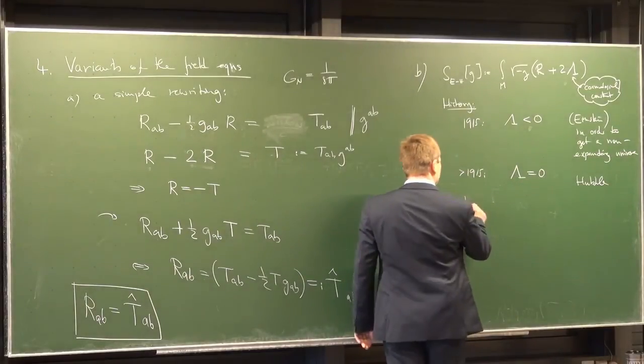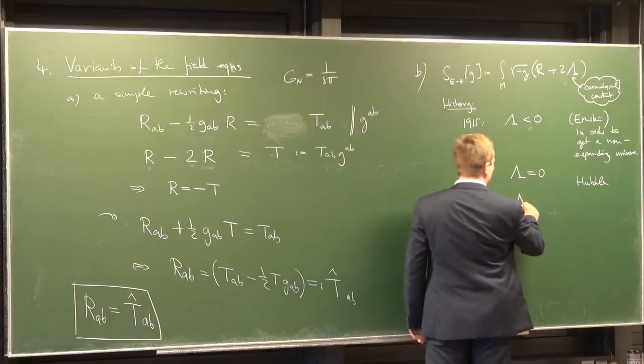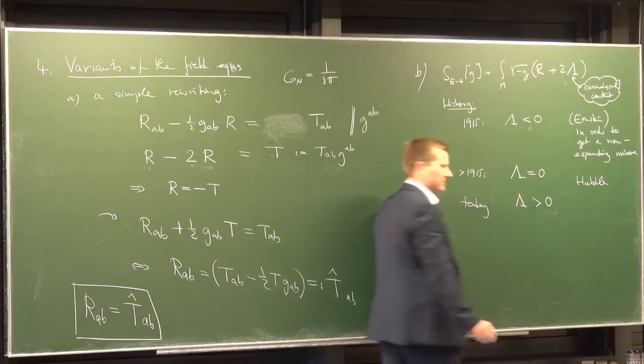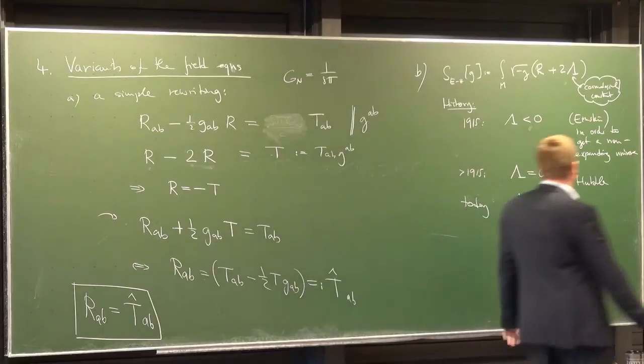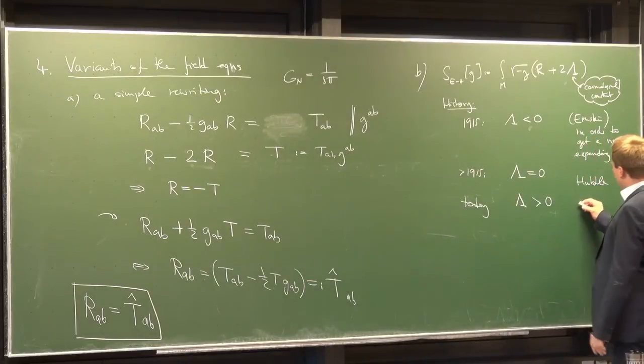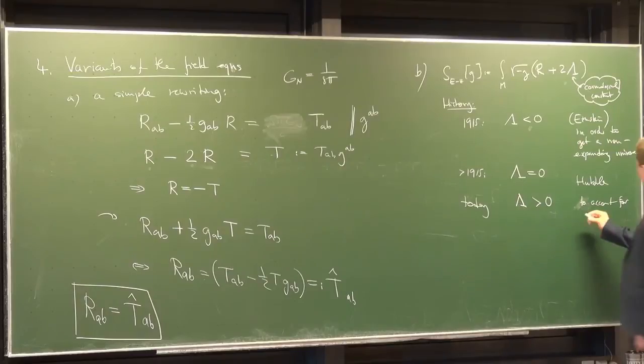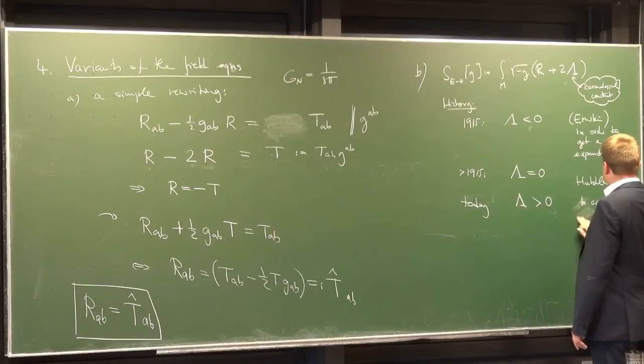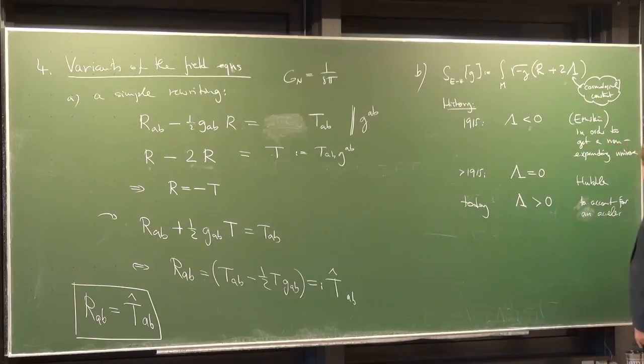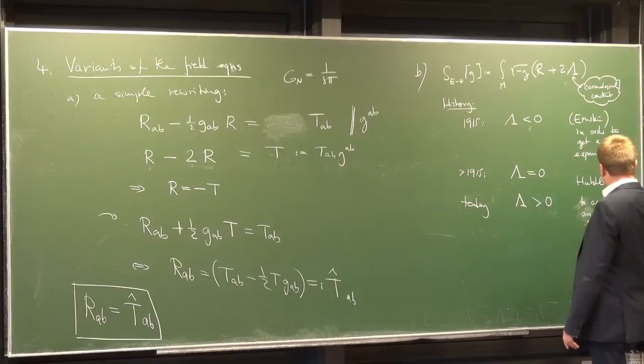So now today, Lambda is supposed to be bigger than 0. Now it's supposed to be bigger than 0 in order to account for, and we'll see this in detail, I'm just giving you the taste of it, an accelerated expansion. So the universe doesn't only expand, it expands in an accelerated way.